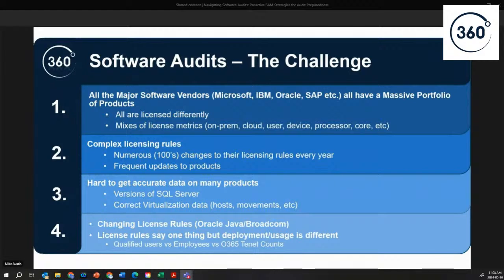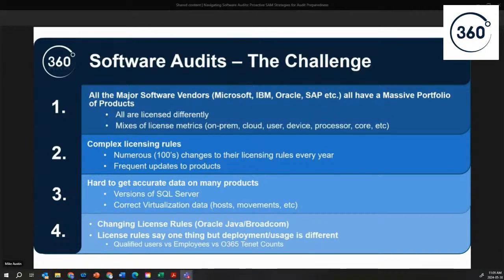Broadcom with the recent acquisition of VMware has changed from processor to core, from perpetual licenses to subscriptions, to being able to buy single products to only bundled products. All of that's driving cost up under the threat. If you don't do what we want you to do with these changes, we're going to audit you.